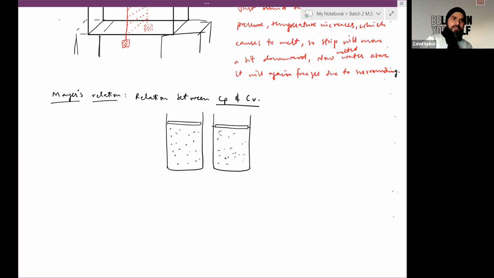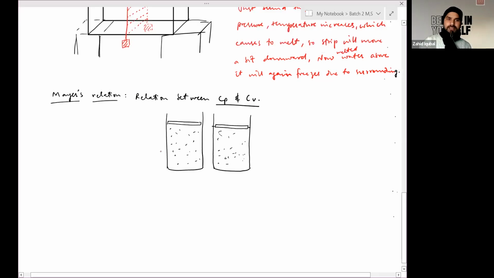So what will happen if you supply heat to this system and to this system? In the right side, we can say since piston is kept fixed, so volume of gas will not change.